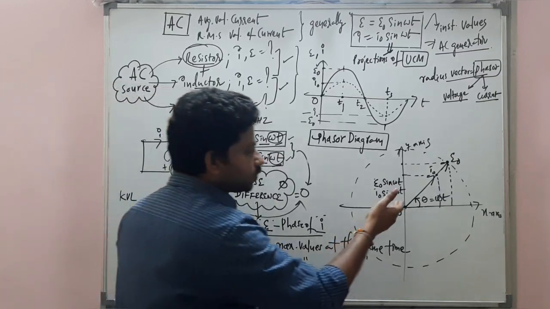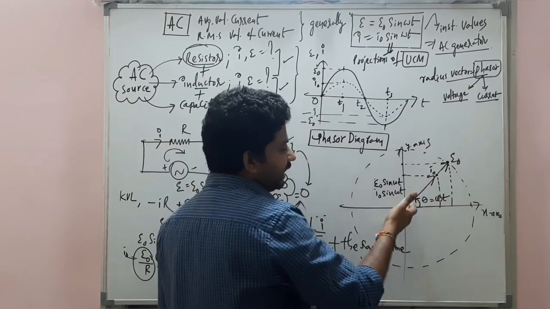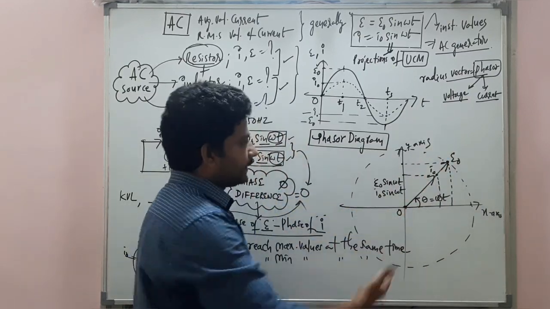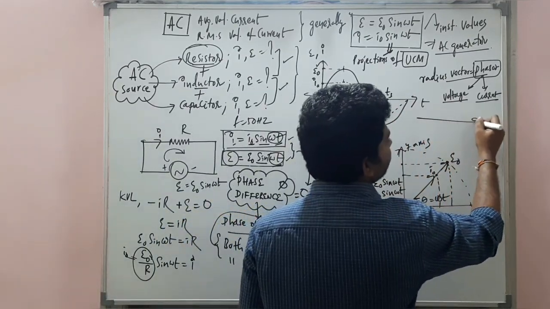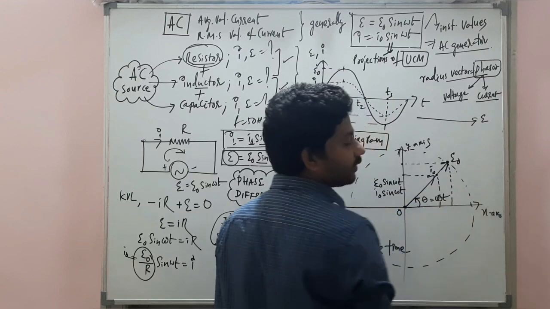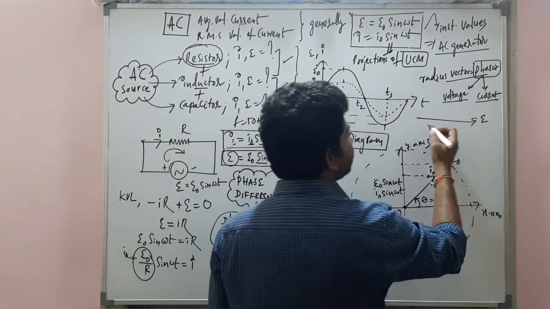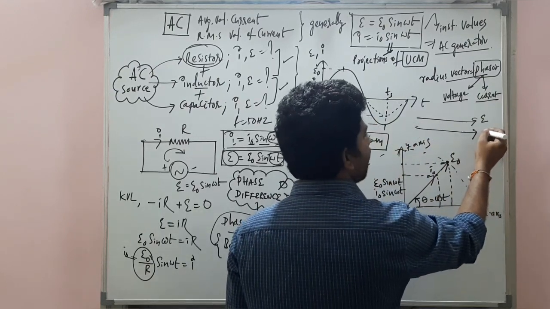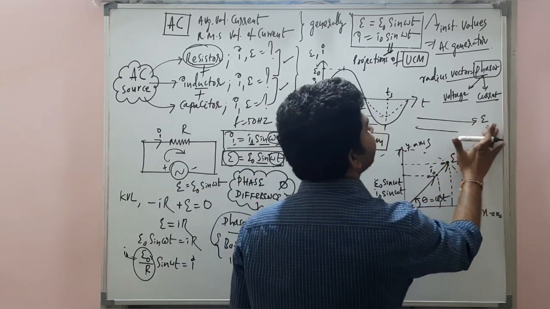Look here. The instantaneous EMF E and the instantaneous current are in the same phase. You can see the same line. In case an AC source is connected to your resistor, this is your E and this is your I. For your better understanding, the I value will be a little less.